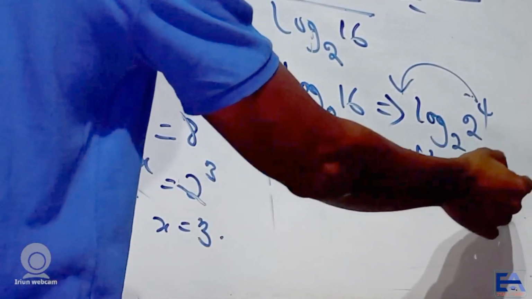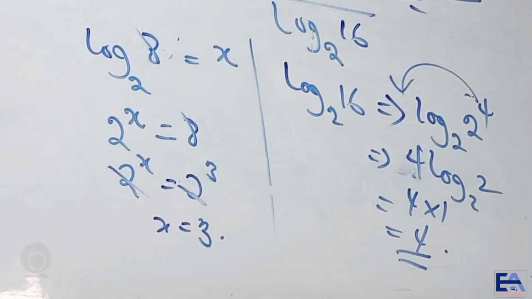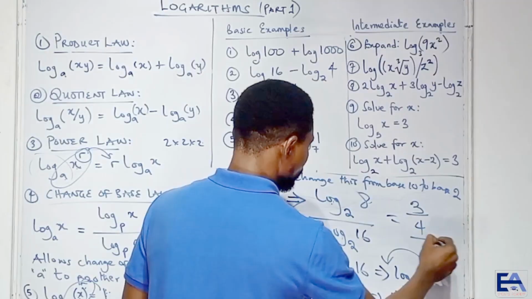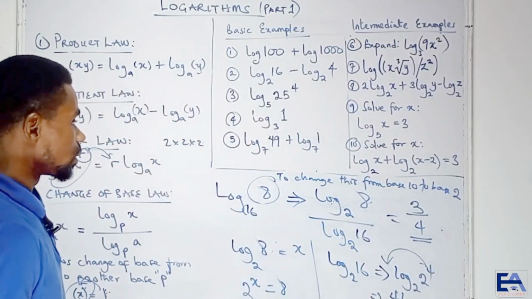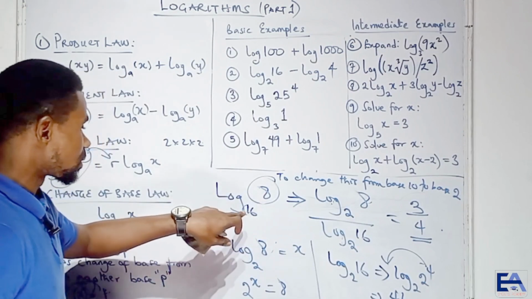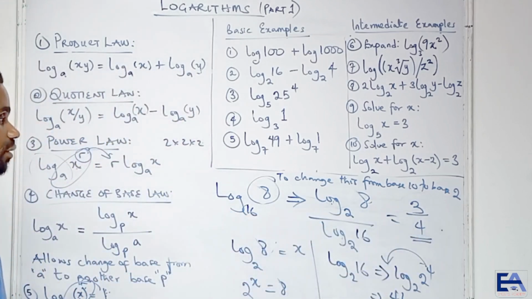Then logarithm of the same base is equal to 1. So we have 4 times 1, which is equal to 4. So the denominator now will give us 4. So the answer to this question is 3 over 4, which means log 8 to base 16 is equal to 3 over 4.